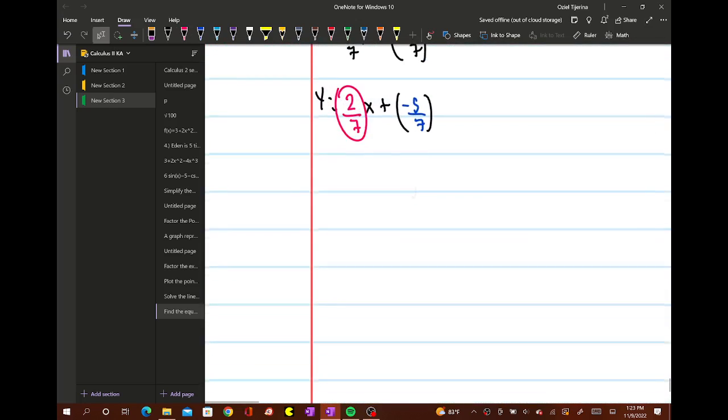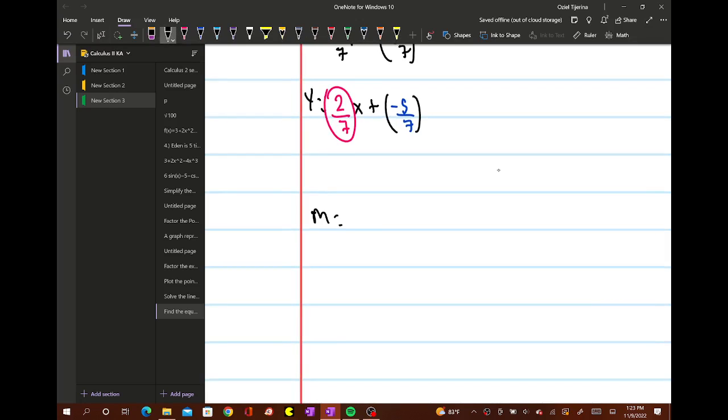When m is of the form a over b, then the perpendicular slope will be negative the quantity b over a.